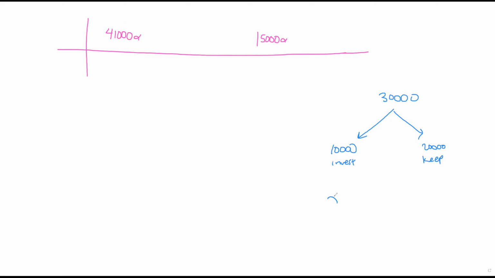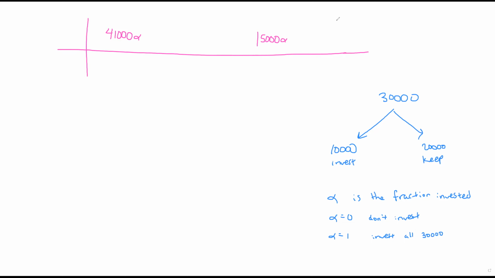Well, you have to remember that alpha is the fraction invested. So for instance, alpha equals 0 means don't invest, or no investment. And alpha equals 1 is invest everything, all $30,000.